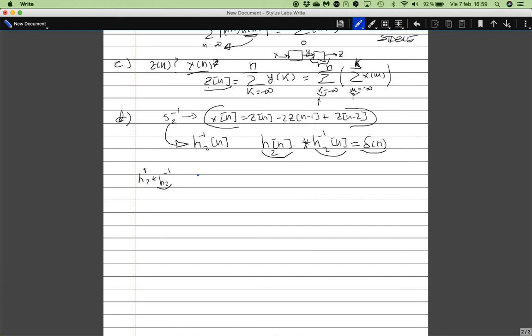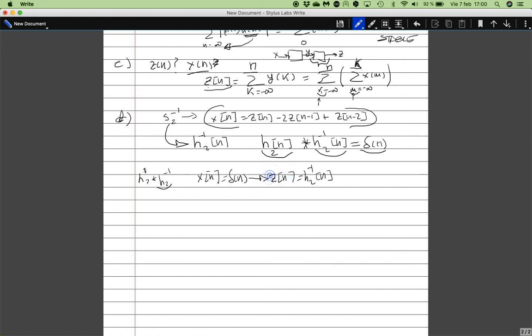So what I do is I put as x1 delta of n in this equation, and what I will get is zeta of n, which will be H2 minus 1 of n by definition. Okay, so let's do that. Sorry, in this case, delta is the input.